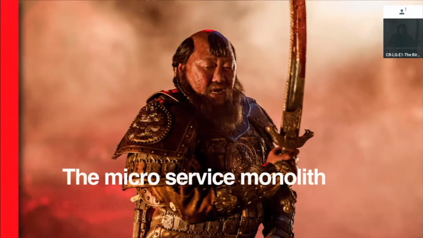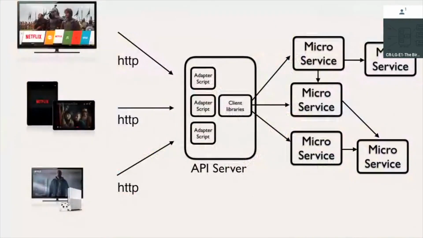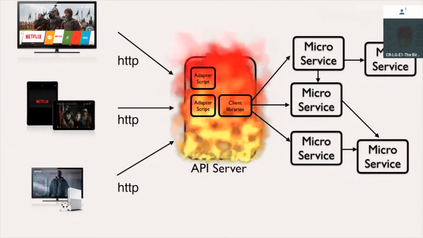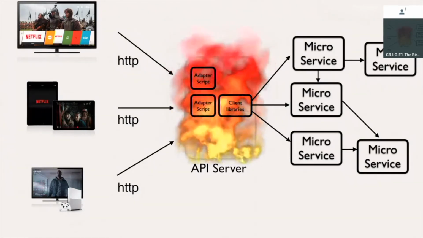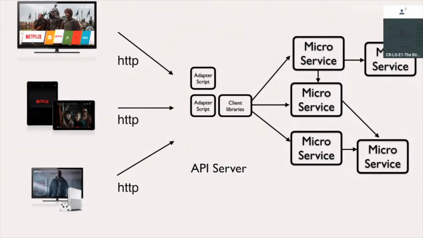However, there are also some downsides. The biggest downside being that if one of these adapter scripts starts misbehaving, maybe because someone just wrote a bug, or they depended on a client library that had a bug, something goes wrong, it can actually have a really big blast radius, potentially taking the whole API server down.